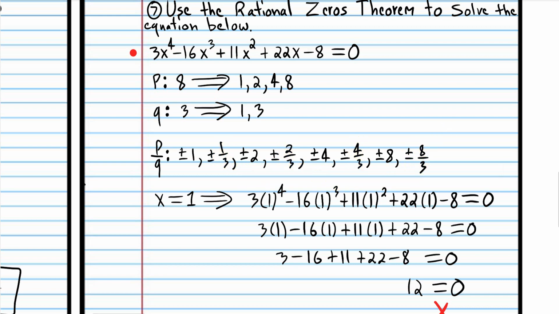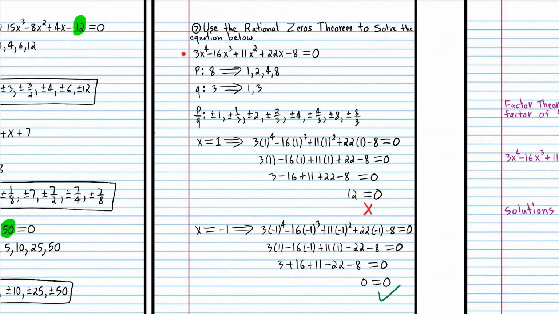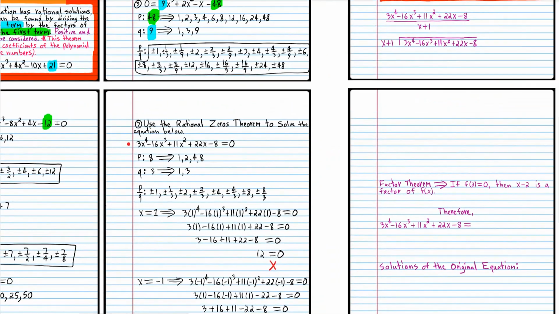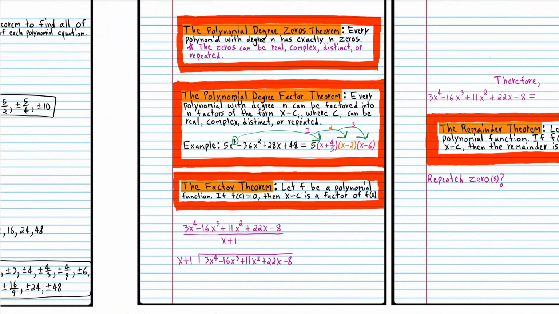I'm never going to make you plug in a fraction to this, because that would be very tedious to have to do those calculations. So it's just not realistic to keep plugging in numbers to find the remaining solutions. You're going to find the first solution, and then you're going to use that solution to simplify this problem so we can find the other solutions.